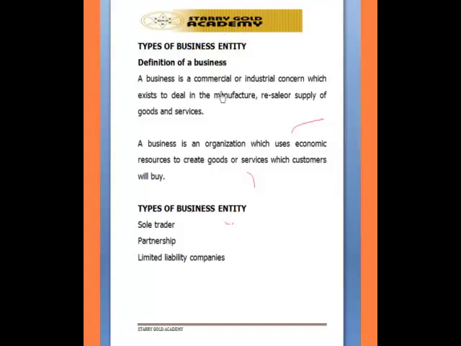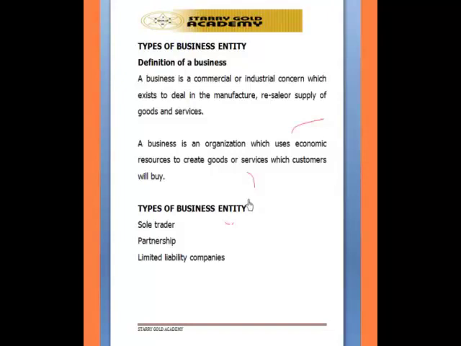A business is an organization which uses economic resources to create goods or services which customers will buy. So the business is into services or the business is creating goods. So there are financial transactions that the business entity must undertake. That forms the business entity.